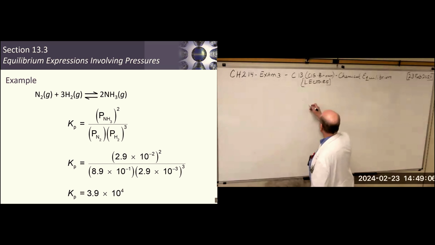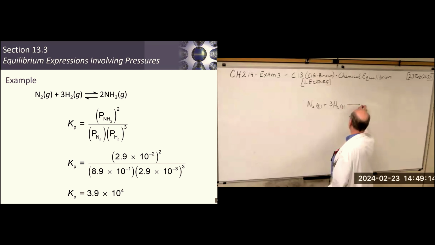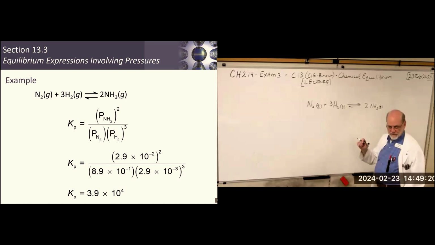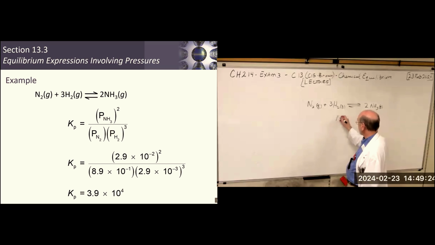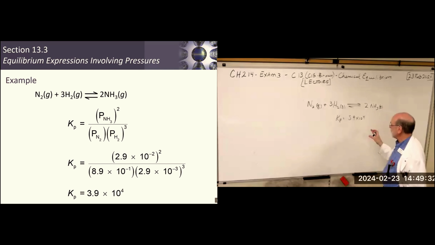All right. I should have written this up here before. Nitrogen plus hydrogen gas in equilibrium with ammonia. When we calculate that value, and we get Kp equals 3.9 times 10 to the fourth, what does that mean?